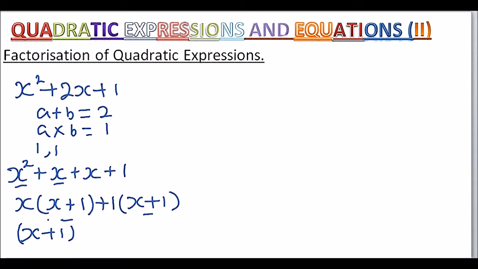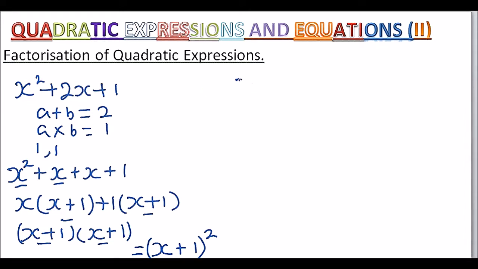Here we will be left with x plus 1. You observe that these are the same, so we can actually write this as x plus 1 into bracket squared. So that is one of the quadratic expressions.